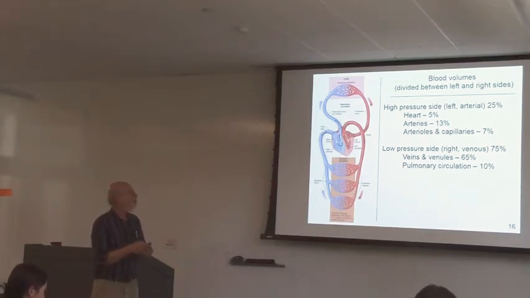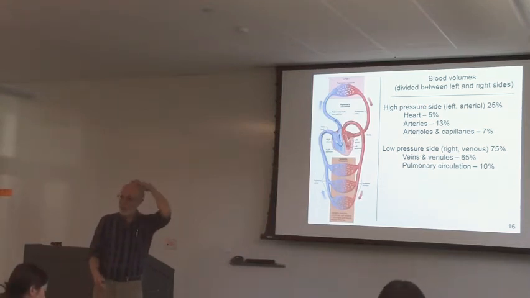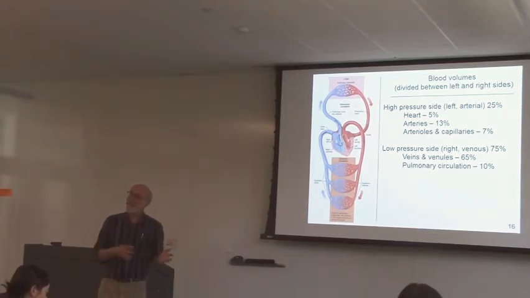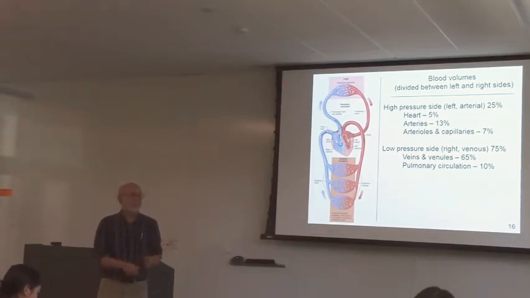And I call it the high pressure side because the left ventricle is what generates the force and the pressure that pumps blood throughout your entire body, from your brain down to your toes. It generates a lot of pressure in order to get that flow. So we call the left systemic side the high pressure side, the high pressure necessary to pump the blood through all those tiny little capillaries.